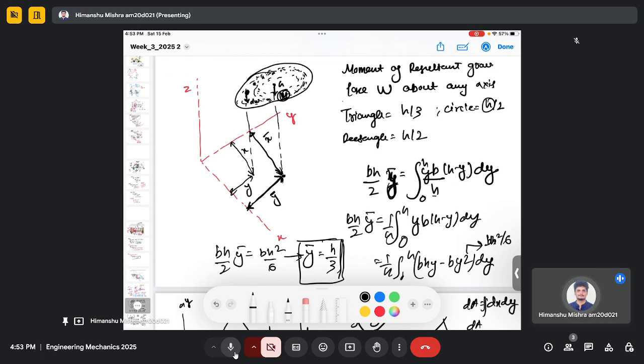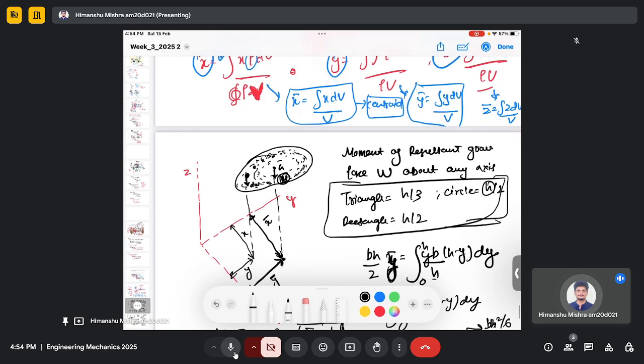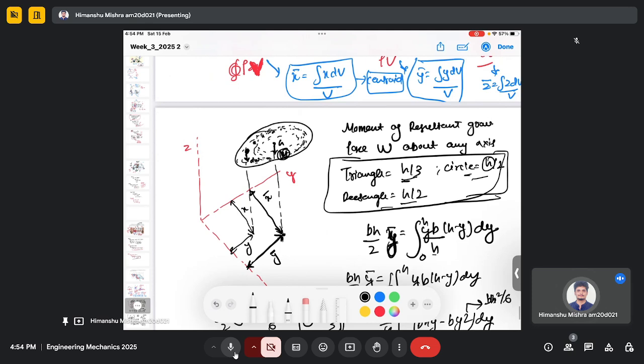So these are the standard results that you can remember, because when we are converting the distributed load to the point load, we actually require this location of centroid. So the location of centroid for a triangle is h by 3 from the base. For a rectangle it's h by 2 from the origin, and for a circle it's h by 2 from its center, and h here is the diameter.